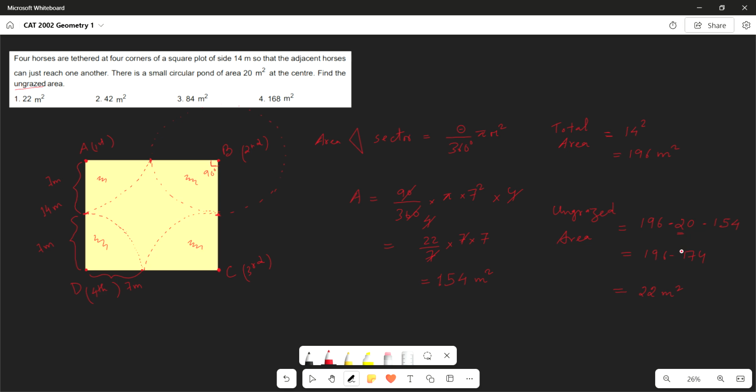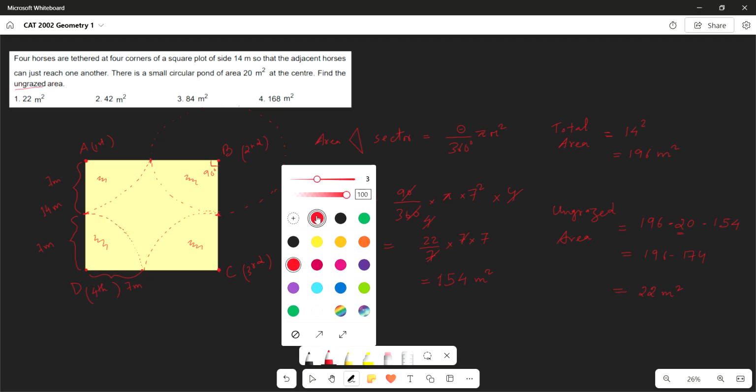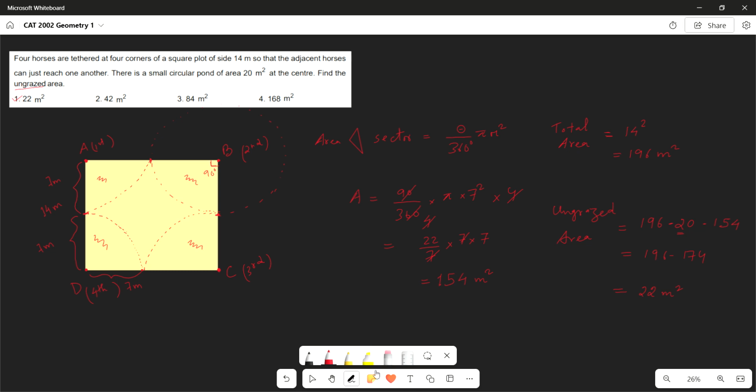So the area that is left will be total area minus the grazed area minus the area of the pond. I hope this explanation was clear to you guys. So the answer will be option 1.